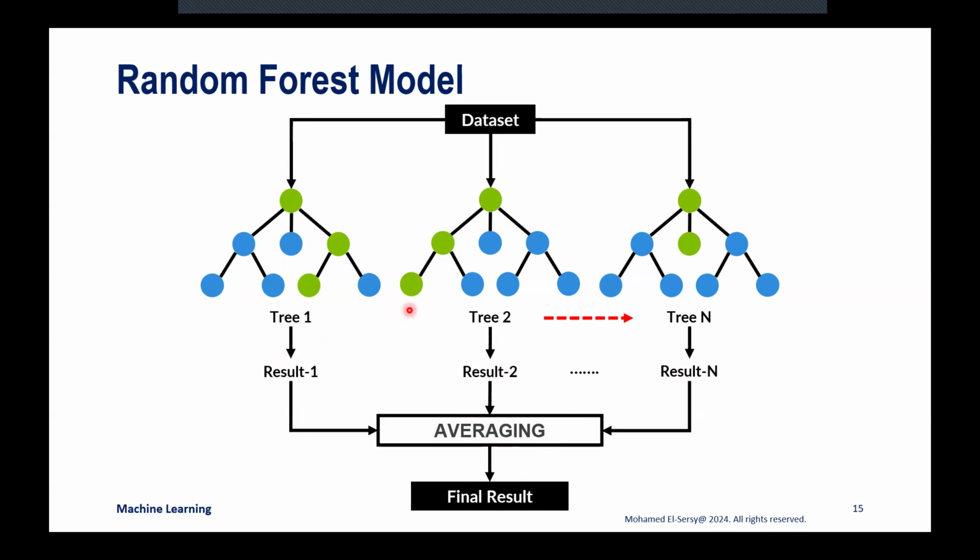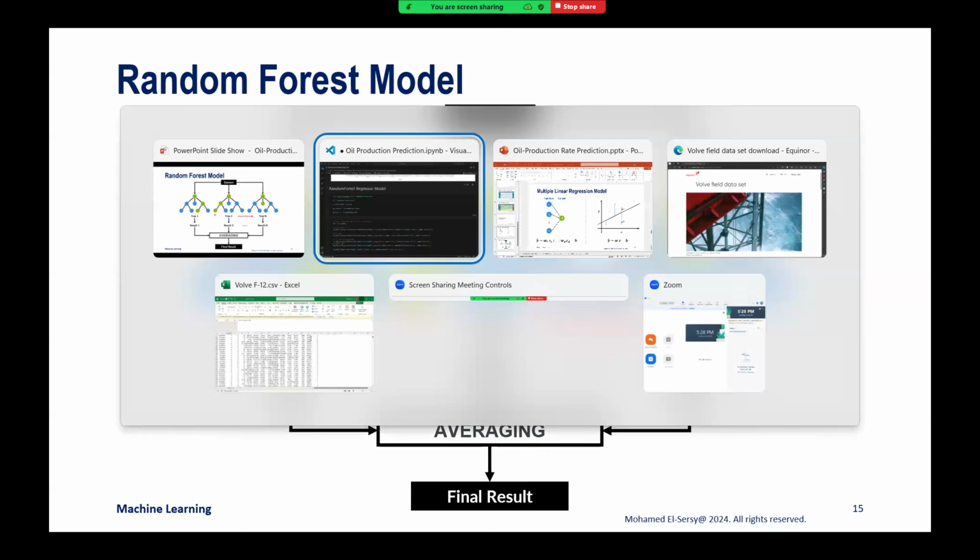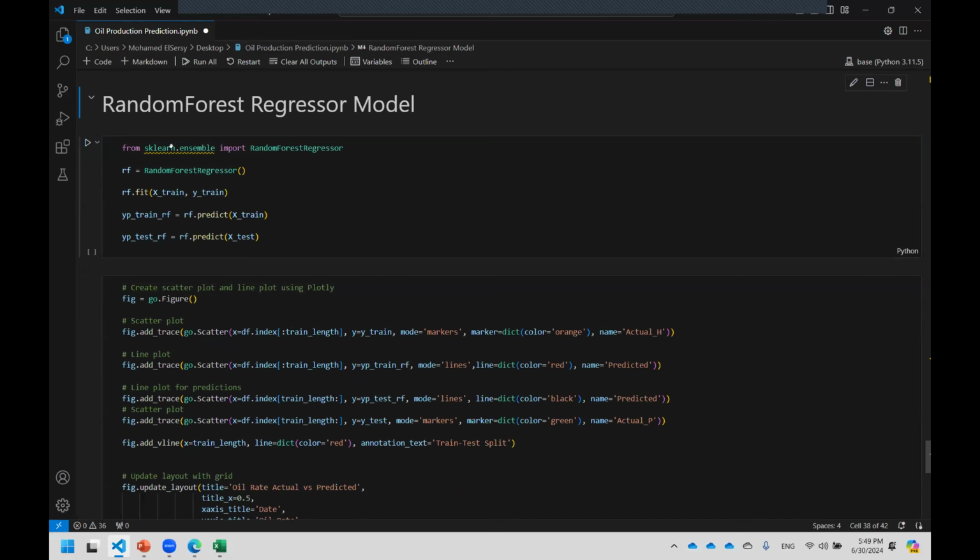So how do we apply this using code? We can import the ensemble module from scikit-learn, and from it we can import RandomForestRegressor. In a classification problem, you can use RandomForestClassifier. In RandomForestRegressor, we will put it into a container called RF.